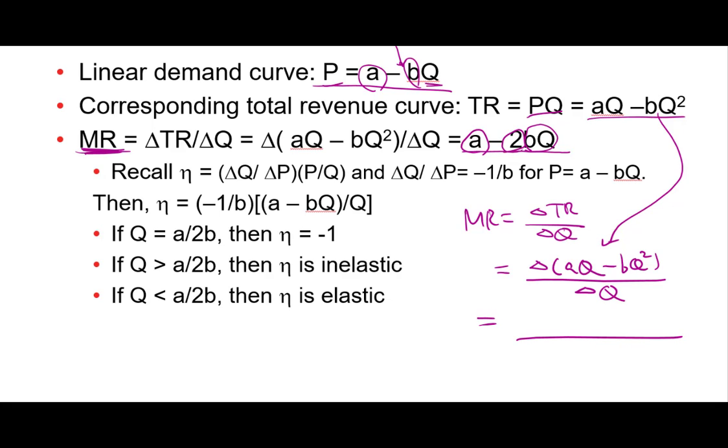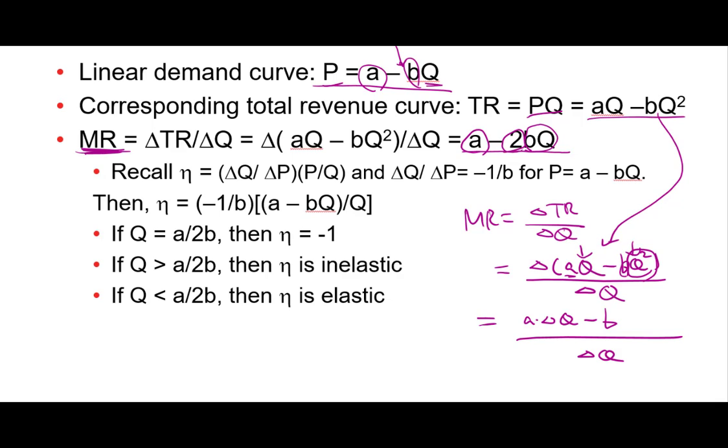On the top of this fraction, you have the change in quantity Q. A is a constant, so when you change quantity, the constant multiplier doesn't change, but of course you're changing Q. And again, B multiplied by a constant doesn't change, but you are changing quantity in the quadratic term.